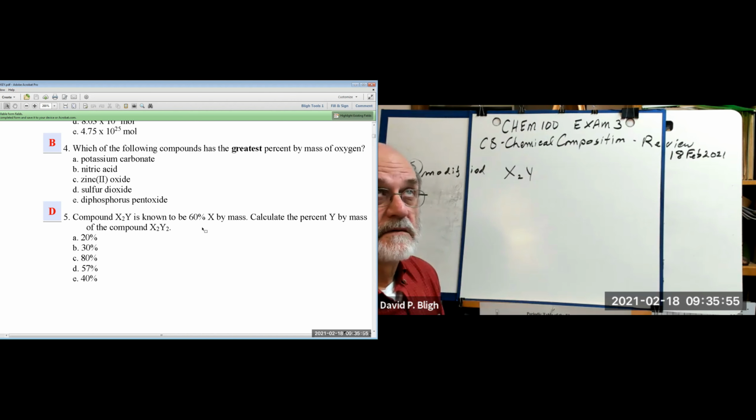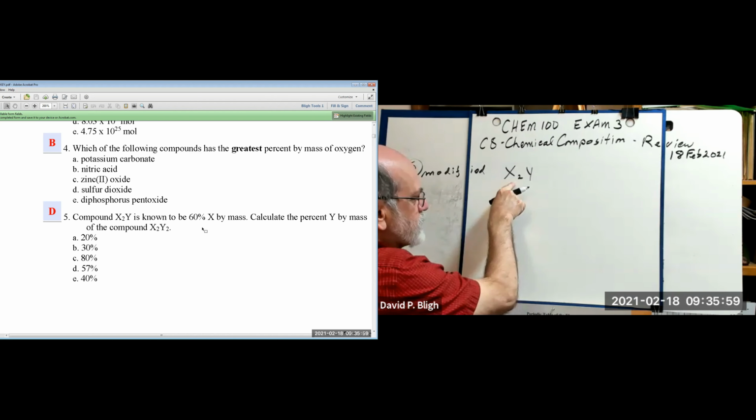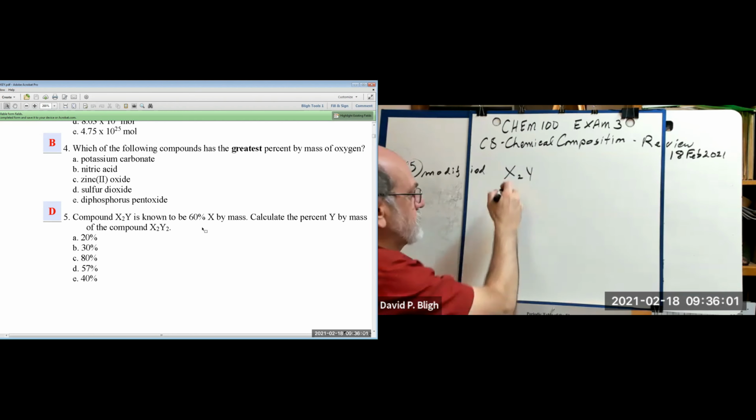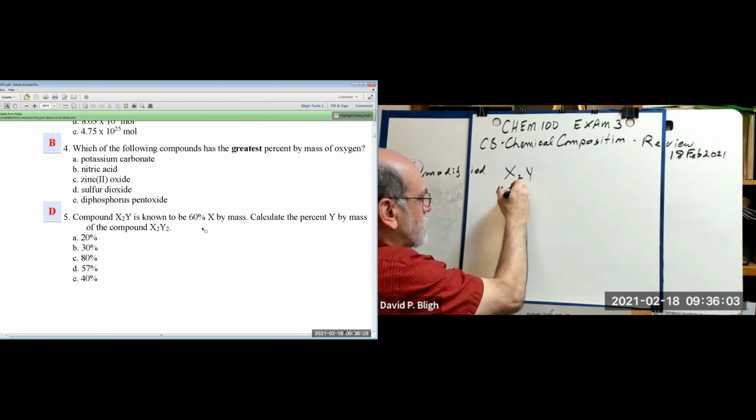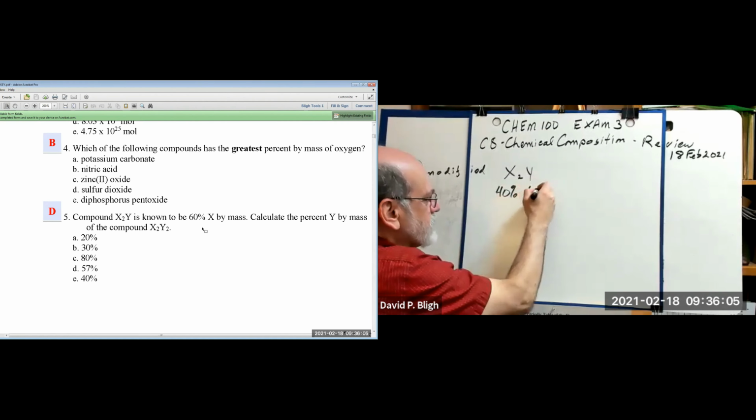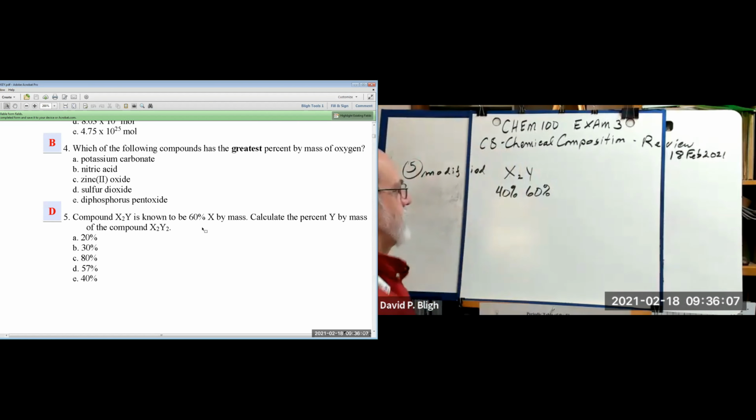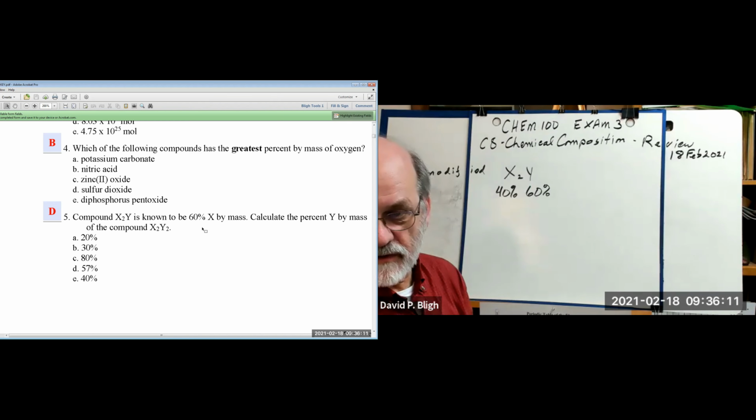How about 40% X? So this is 40% by mass. That makes this 60%. Okay. And then the problem says we want to find out what's the percent Y by mass of the compound X2Y2. Well, I want X2Y3.